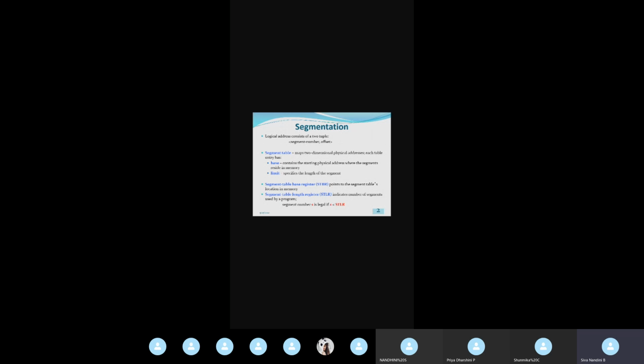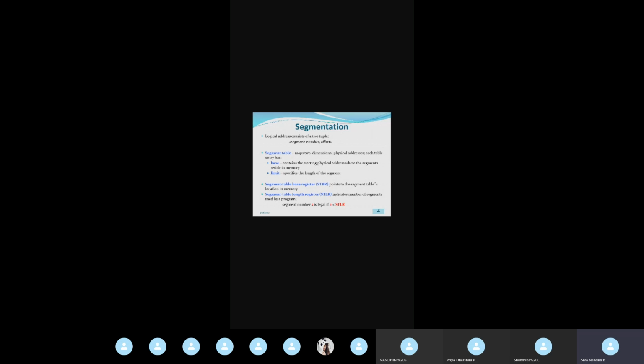So the segment number and the offset value. For example, you are having a segment, and that segment may start from location 100 to 150. Okay, so that 100 and 150, I am saying as the memory address. Segment address of the first segment starts from 100 to 150.